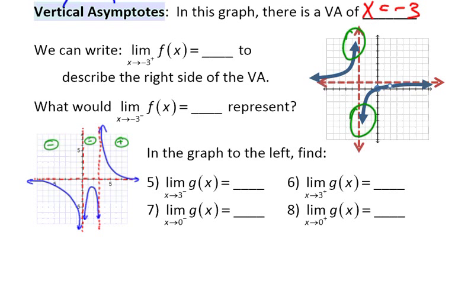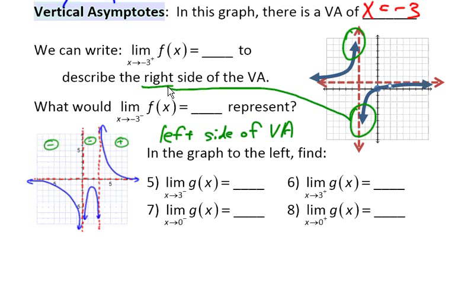Notation-wise, we're going to look at x getting closer to negative 3, which is where the vertical asymptote is, and then we're going to look at what happens to the right and to the left. We have a superscript plus or a superscript minus to indicate the right side of the asymptote or the left side of the asymptote. On the right side of the asymptote, we're pointing down at negative infinity.